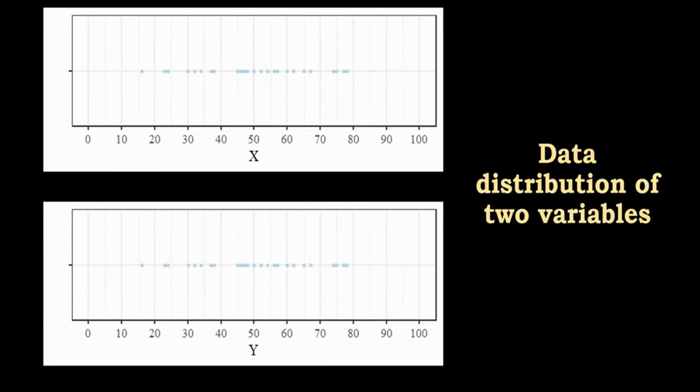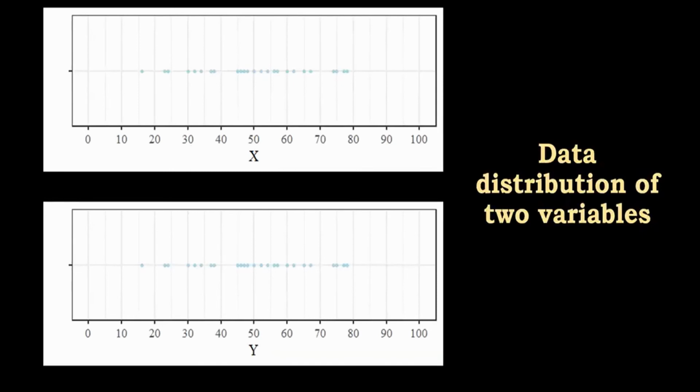So the key of the concept of correlation and regression is that we've got two measurements, and those measurements are done in related samples. The way of representing data here is that those two measurements, or two variables, are presented independently.